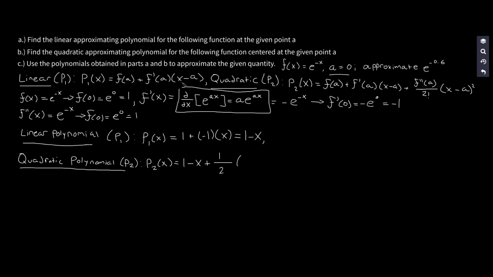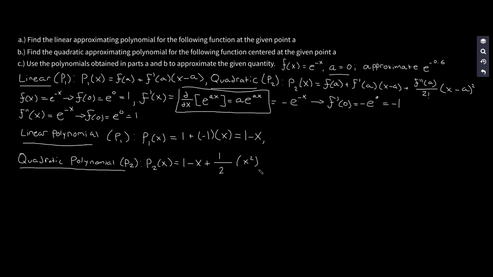And then we plug in x minus a. No, excuse me, x minus a raised to the second power, which is just going to be x squared. So the answer, 1 minus x plus 1/2 times x squared. We could remove those parentheses, but I'm just going to leave them there because why not?